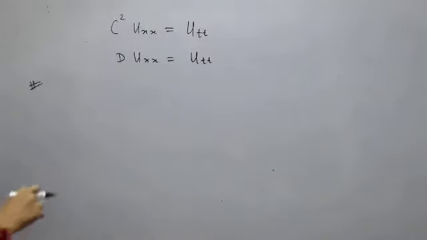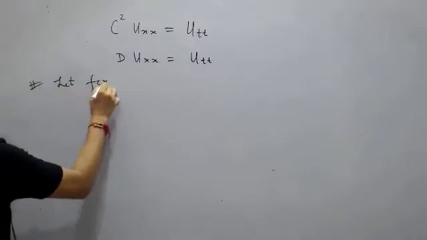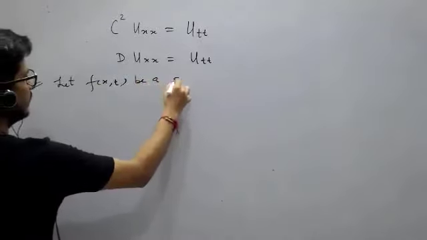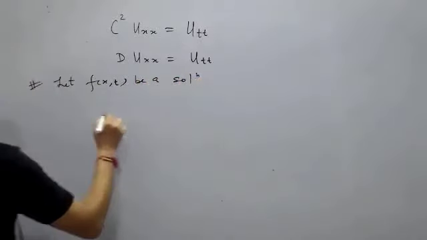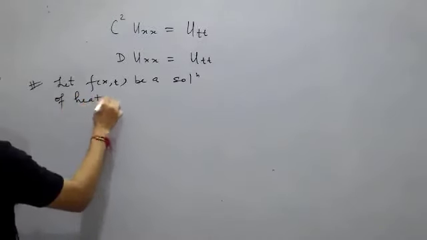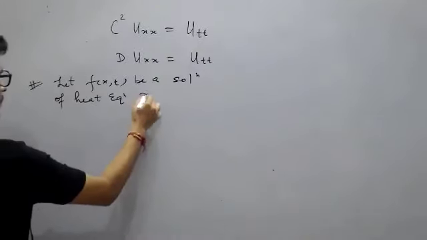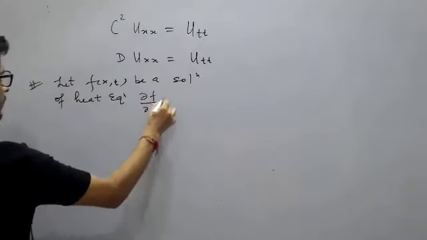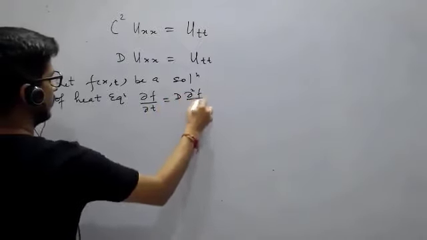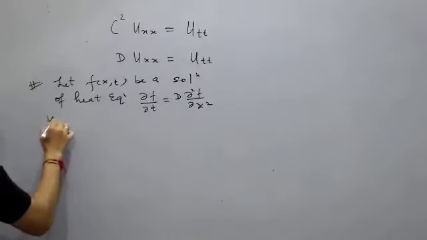Let f(x,t) be a solution of the heat equation del f by del t is equal to D del 2f by del x2, in one dimension.